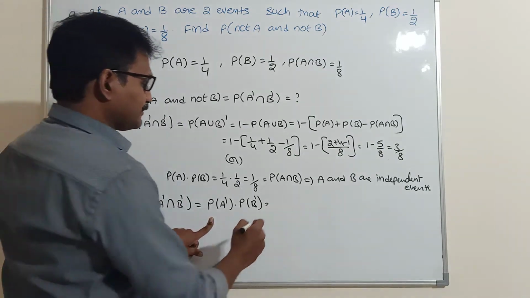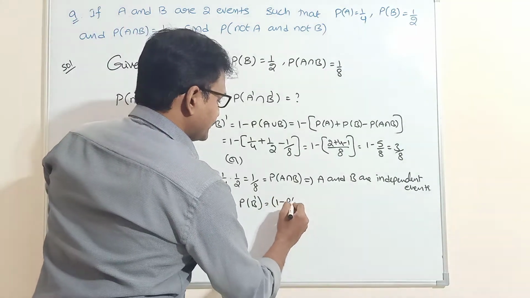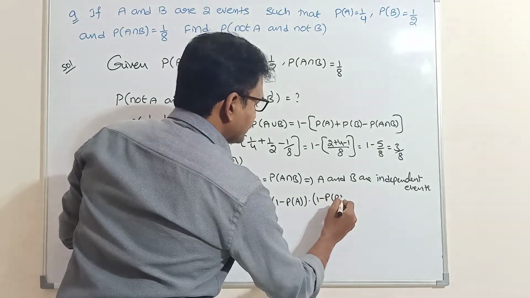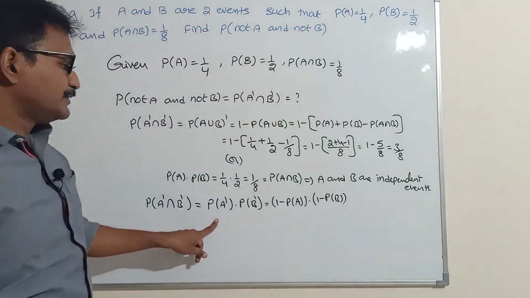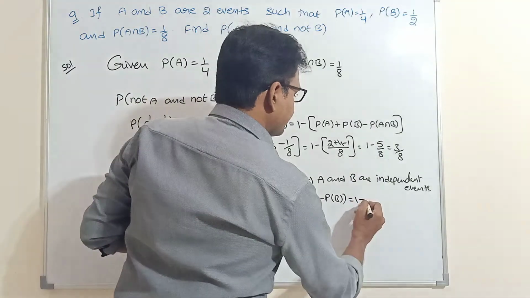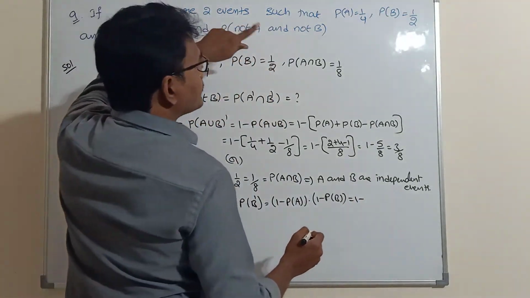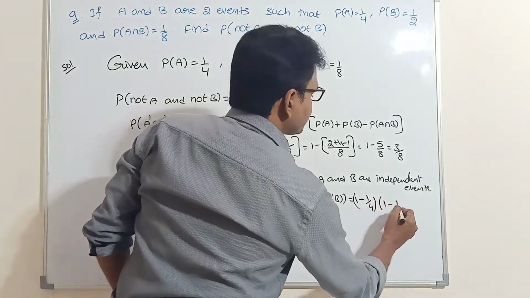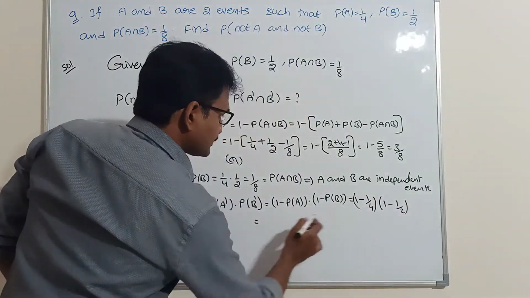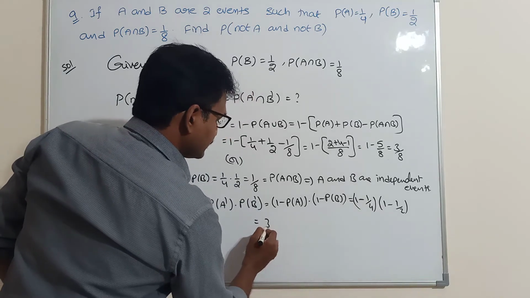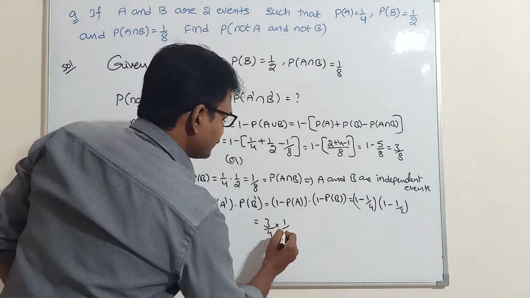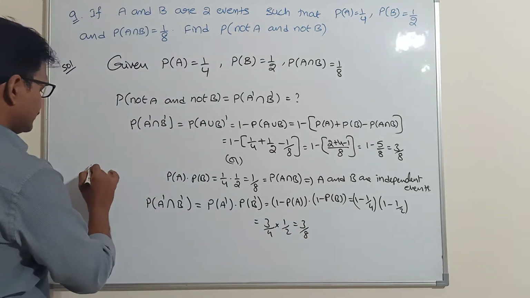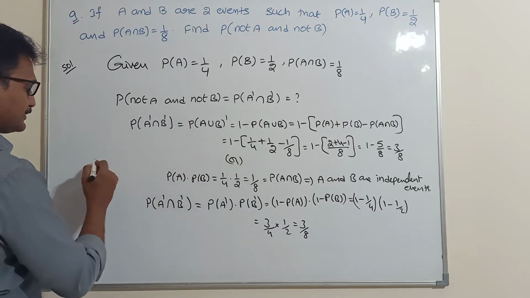P of A dash means 1 minus P of A, into 1 minus P of B. What is P of A value? P of A value is 1 by 4, into 1 minus 1 by 2. So 1 minus 1 by 4 is 3 by 4, into 1 by 2. So 3 by 8.